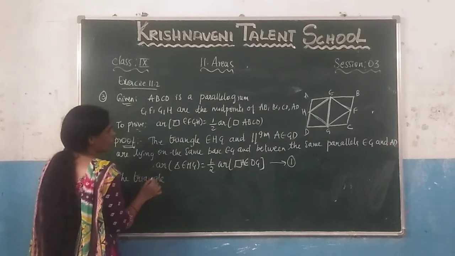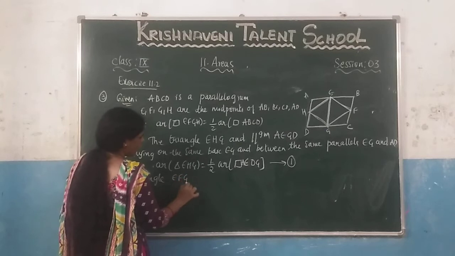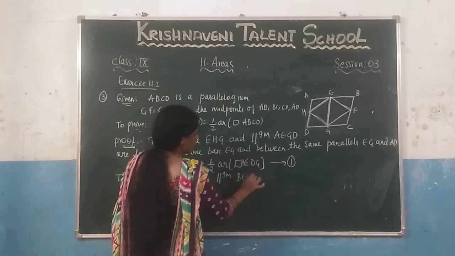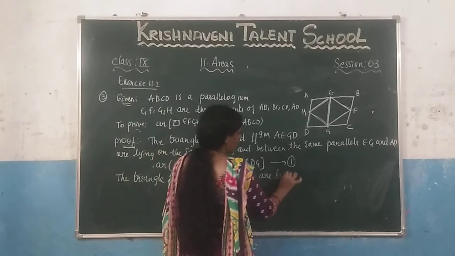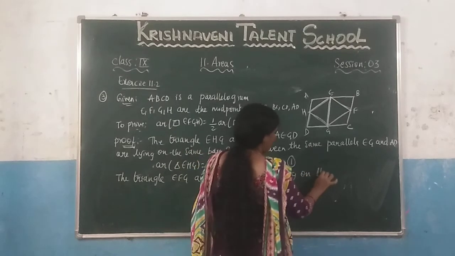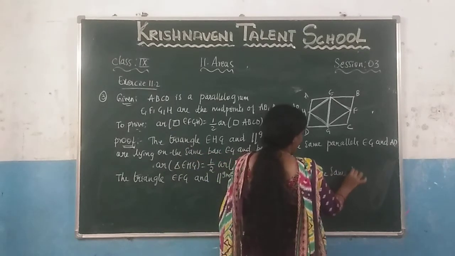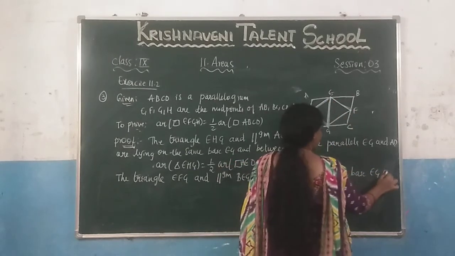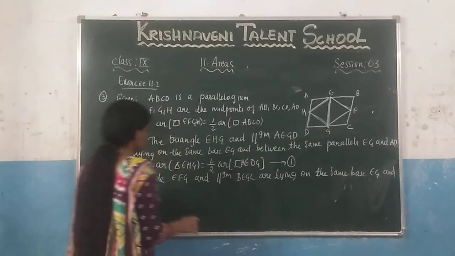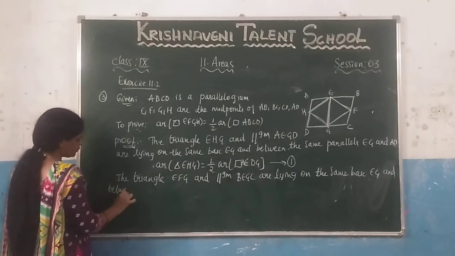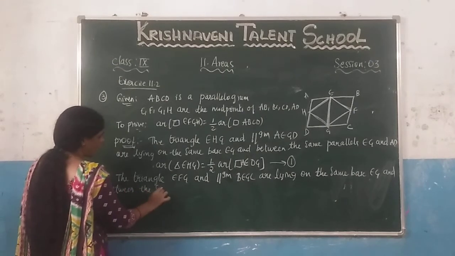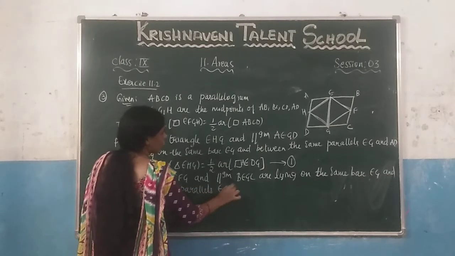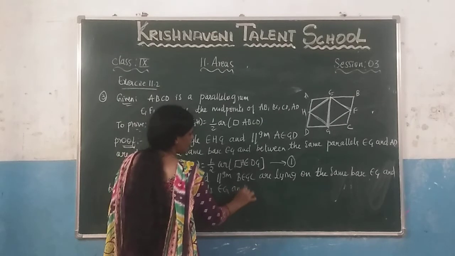Now if you consider the triangle EFG and the parallelogram EBCG, are lying on the same base, which is EG, and between the same parallels EG and BC.